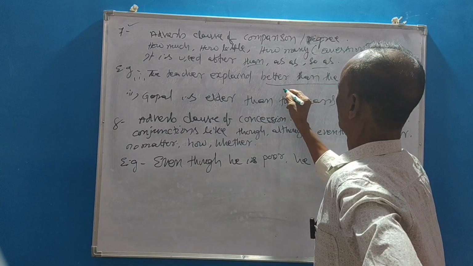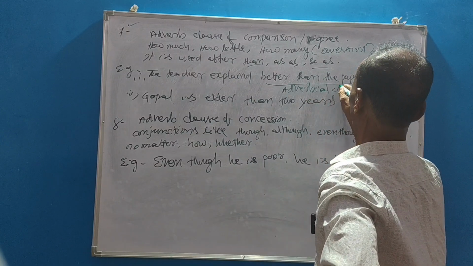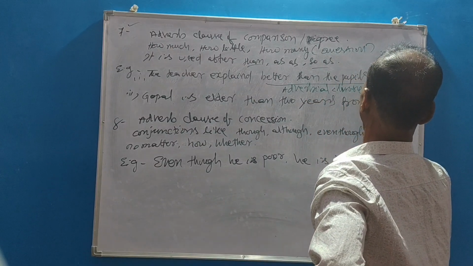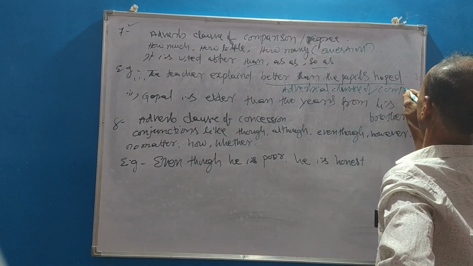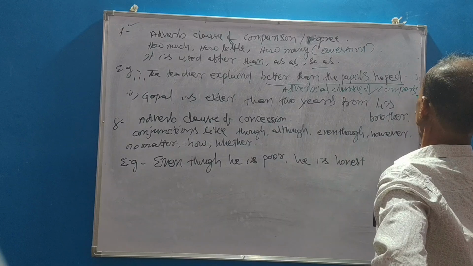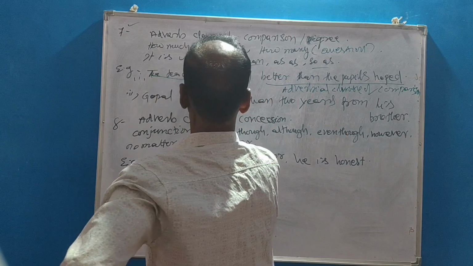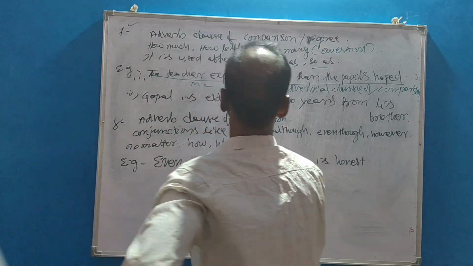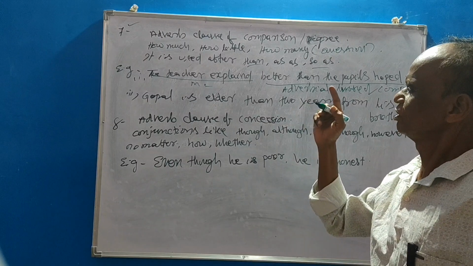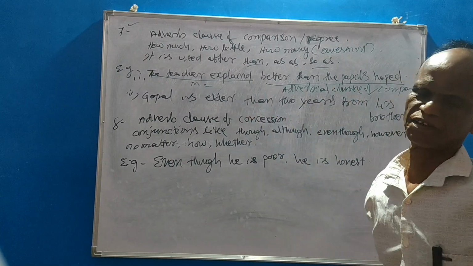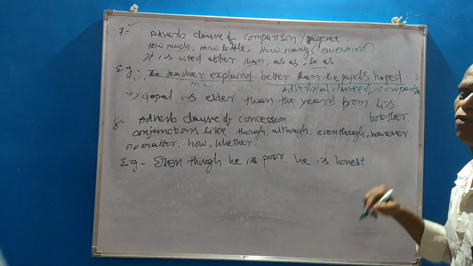This is the adverbial clause of comparison. This is the main clause. Question: how much did the teacher explain? Better than the pupils.